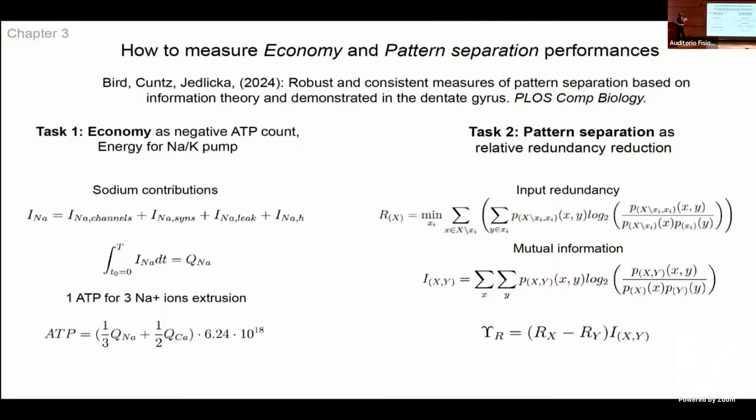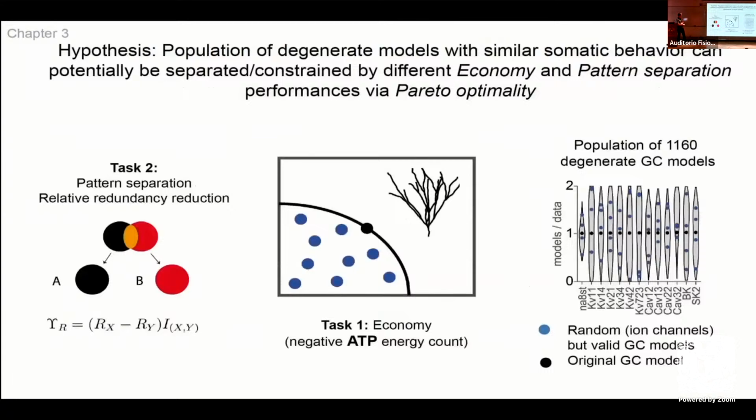In pattern separation, there are several measures possible for saying that a pattern is less similar than before. One measure is, for example, decorrelation. What very often is not considered in these measures is the content of information.